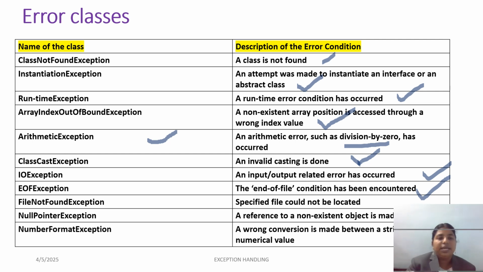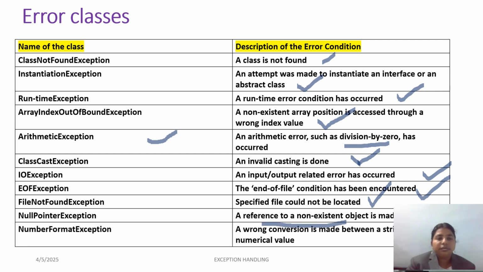We also have the FileNotFoundException if the file name is wrong or the location of the file is wrongly mentioned in the code. We have the NullPointerException that occurs because of a reference to a non-existing object.